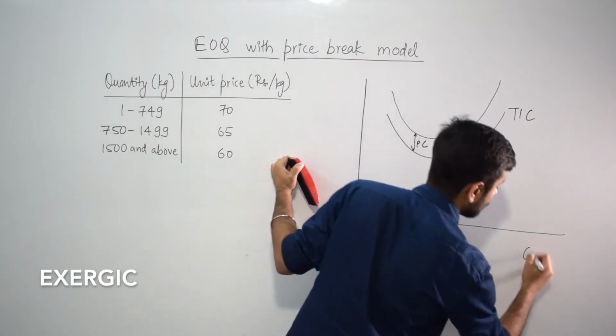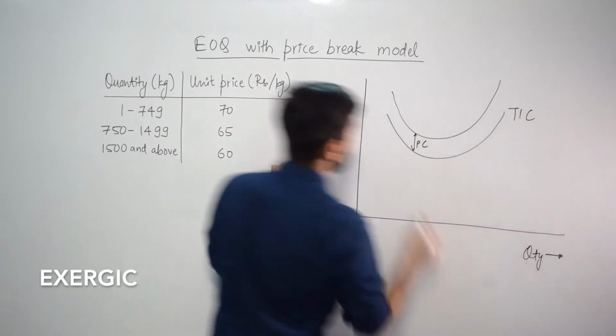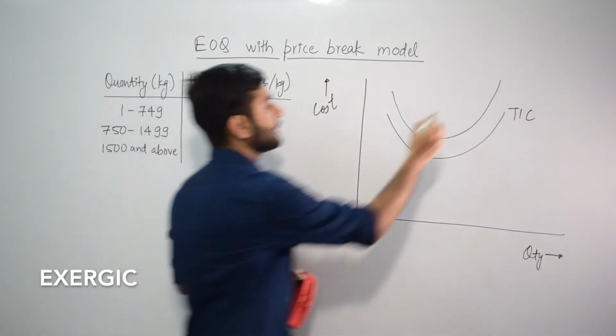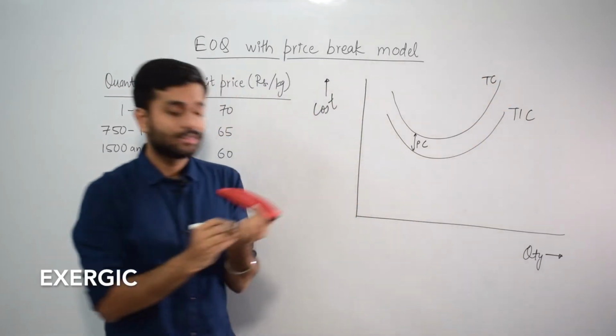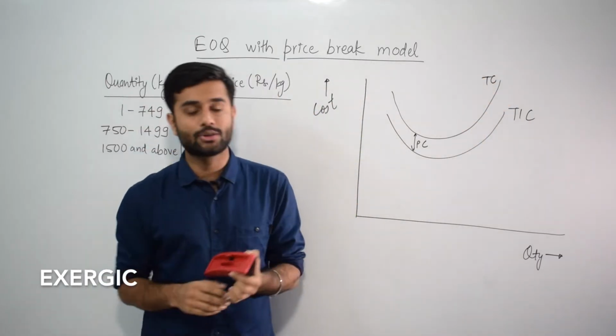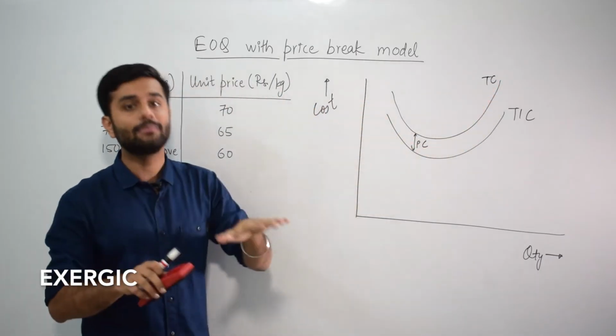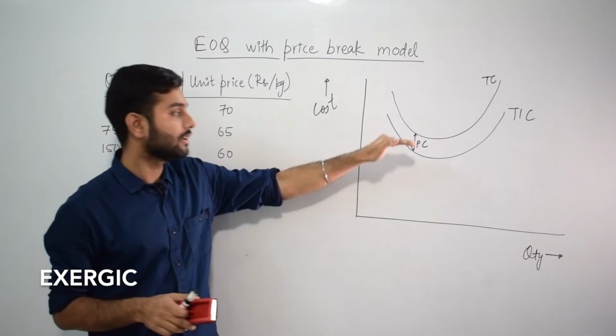This is telling you quantity, right? And this is telling you cost, right? Since TC is just more than TIC by the purchase cost, the variation of TC will be similar to TIC, but a little bit higher than that.